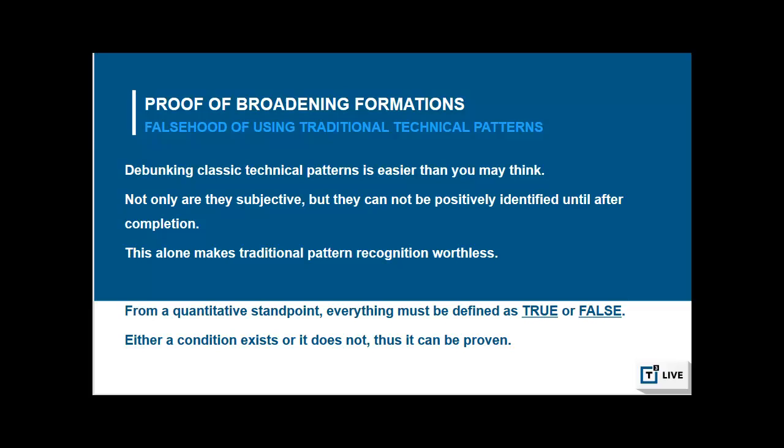And so people will believe these things because when it goes in their direction, they'll say, see, it was a head and shoulders, which is absolutely false. And then it's already completed, which makes it worthless. So either it is something or it is not something. So once you can get classical technical patterns that anybody's ever told you before out of your head faster, the happier you're going to be, as you see as we go along.